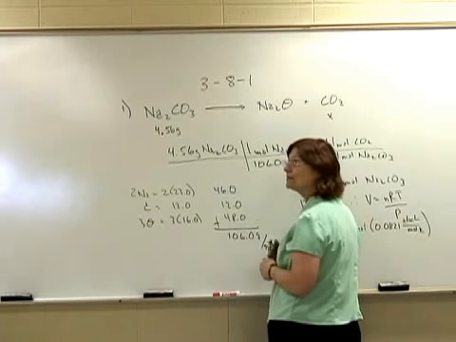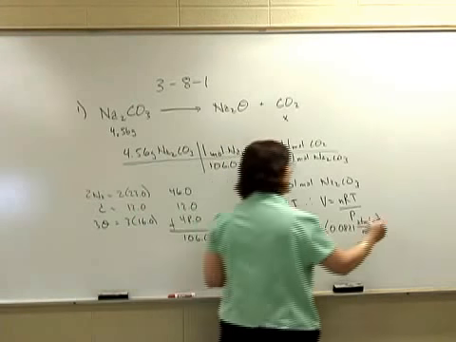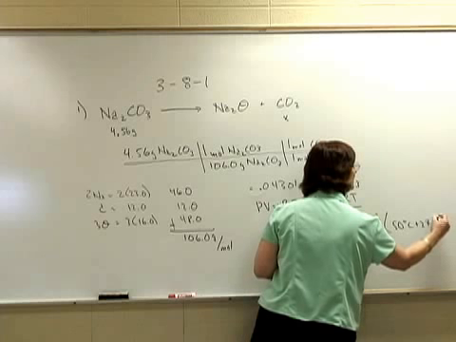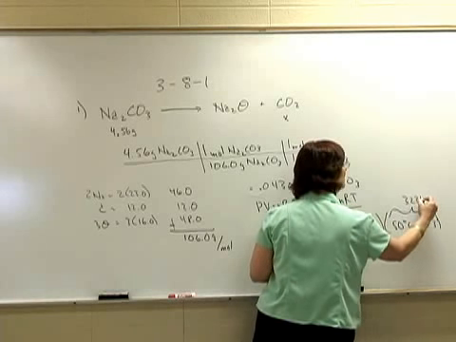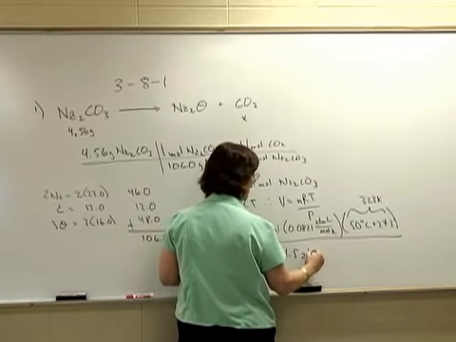Then the temperature that I'm given is 50 degrees Celsius, and 50 degrees Celsius plus 273 will give me my Kelvin, and that will be 323 Kelvin. Then my pressure is 1.5 atmospheres.